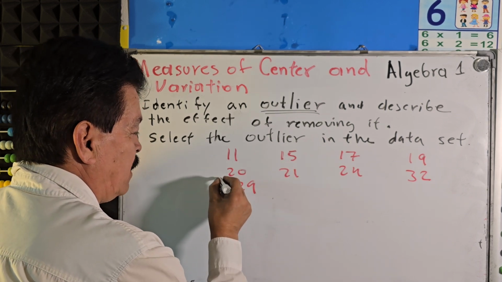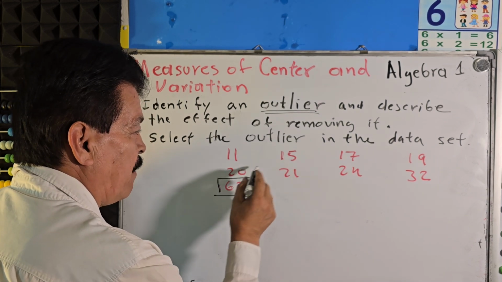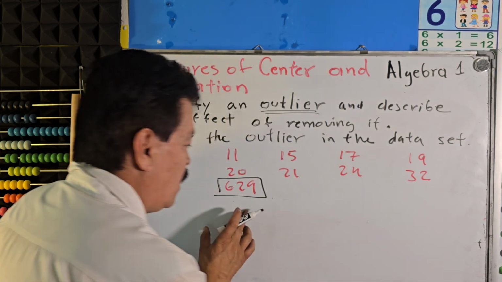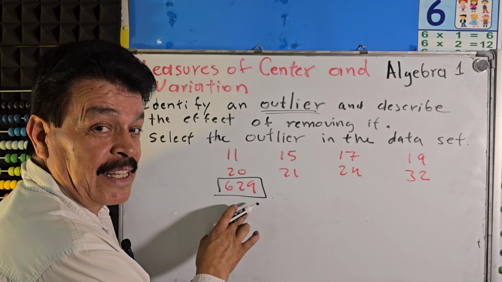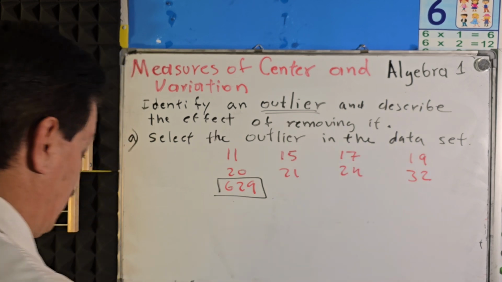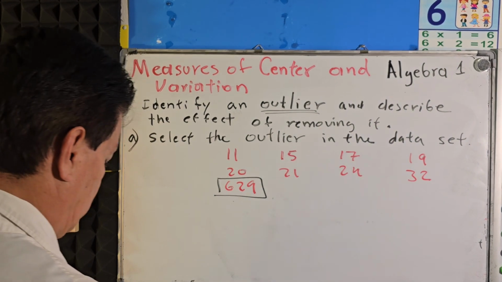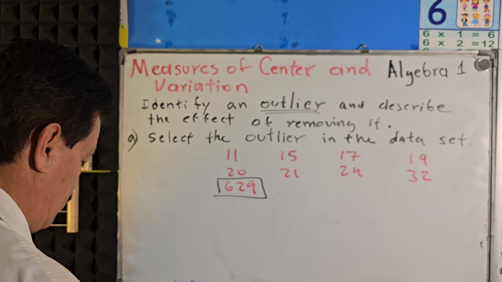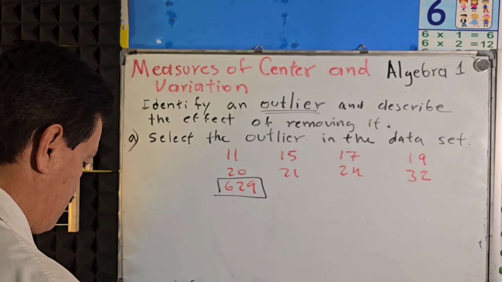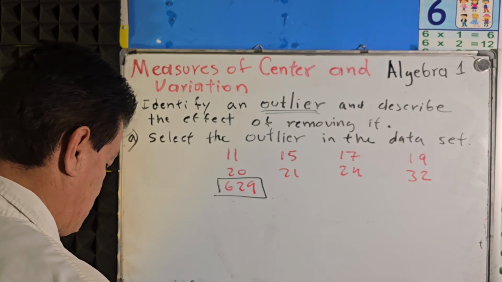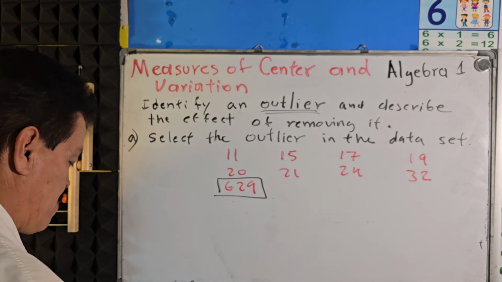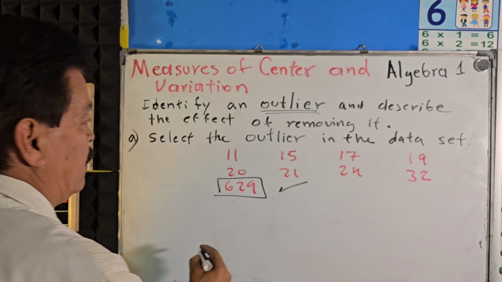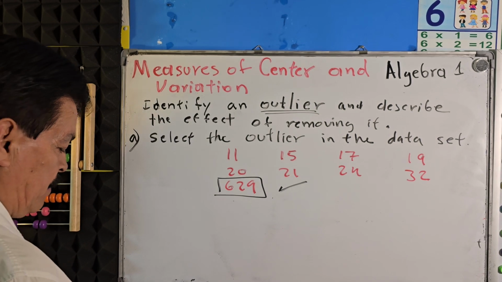In our case, you immediately see 11, 15, 17, 19, 20, 21, 24, 32. So this number, 629, this is the outlier. So this is the answer. That's our answer, the outlier number here. Just write it.